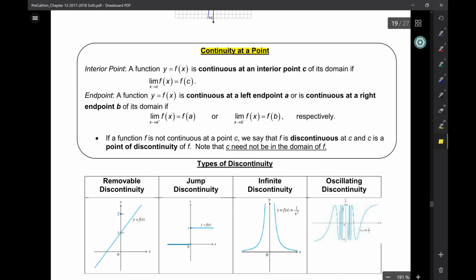We can look at it at an interior point and at an end point. An interior point is some random point in the life of the function. A function is continuous at an interior point if the limit is equal to f of c.